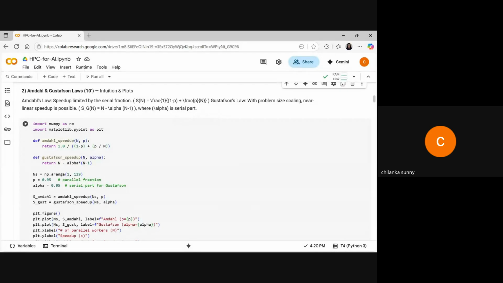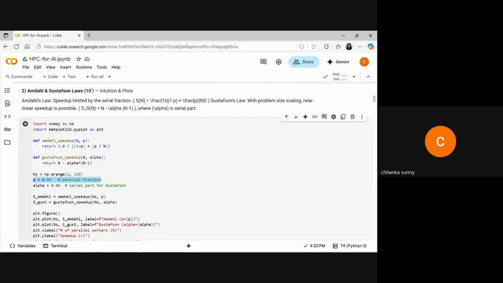So let us model that, with P being the parallel fraction for Amdahl's law for strong scaling, which we are setting as 0.95, and N is the number of cores. We will be taking the number of processing elements or devices, so I'm adding a range of 1 to 129.